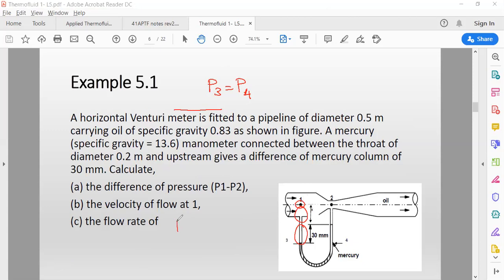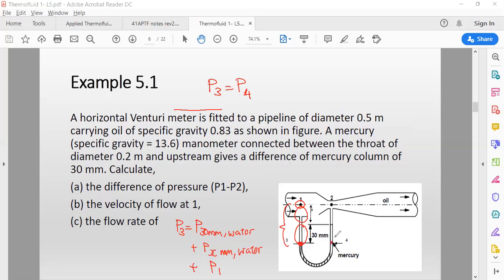So if I were to write P3, P3 will equal the pressure of the 30 mm column of water, plus the pressure of X mm of water, plus P1. So that is my P3, or the pressure at 3 is due to everything that is above it.